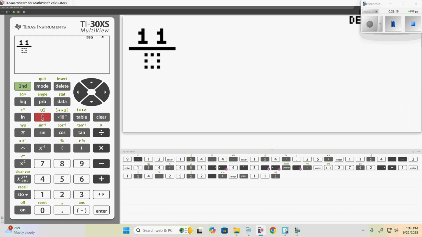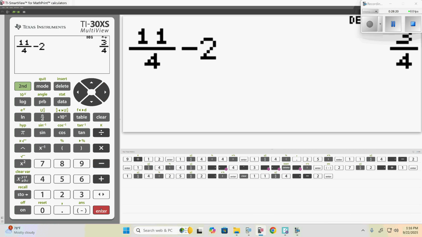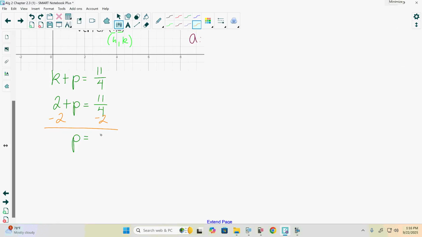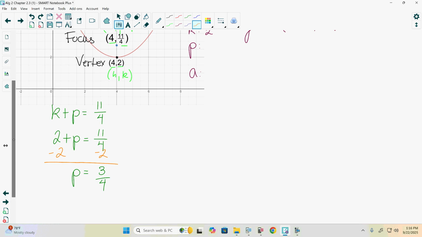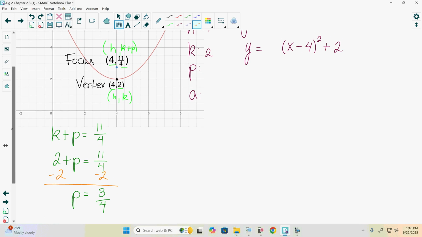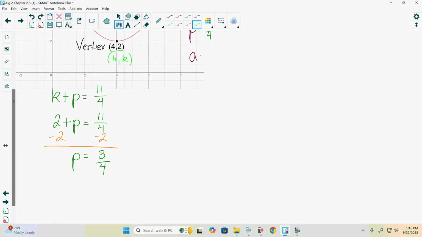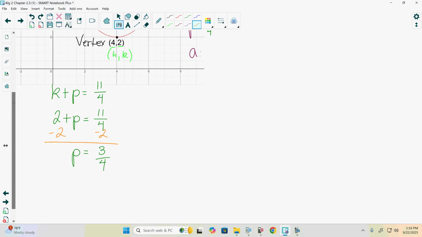But we can come over here and say 11/4 minus 2 is 3/4. From here, we can find our A value.